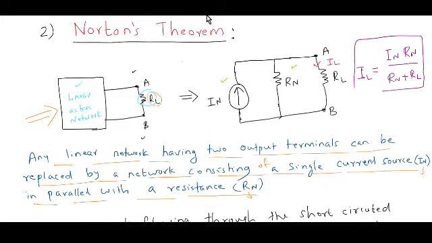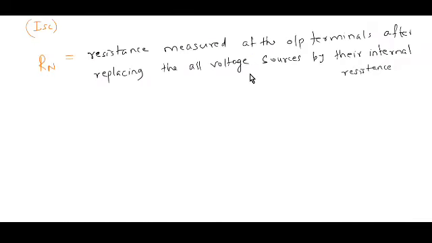This is the expression for the current flowing through the load resistance RL. I will write here: IL is equal to IN RN divided by RN plus RL.